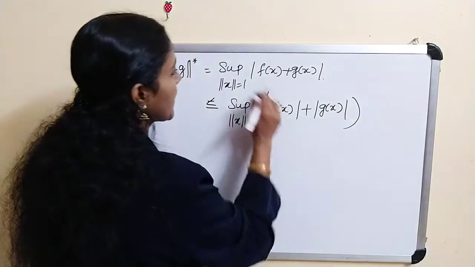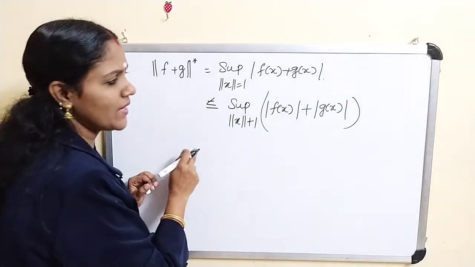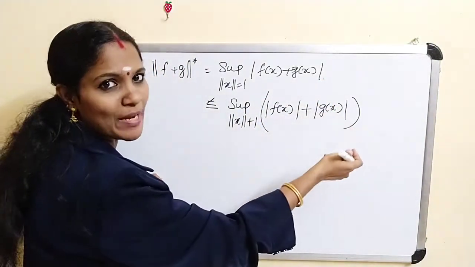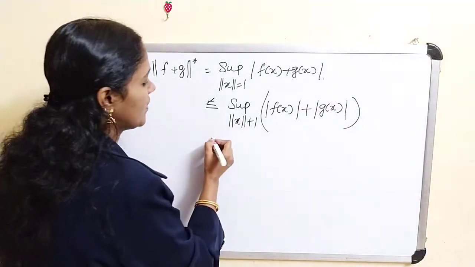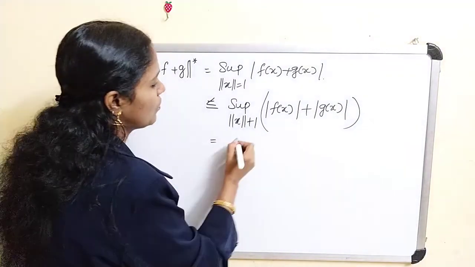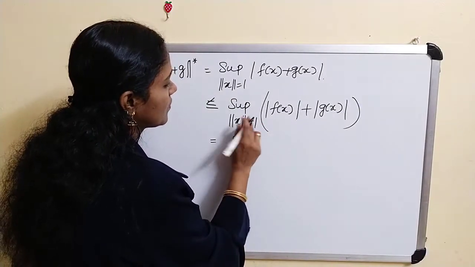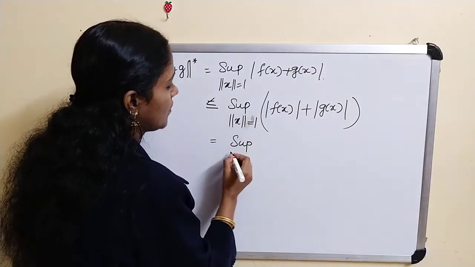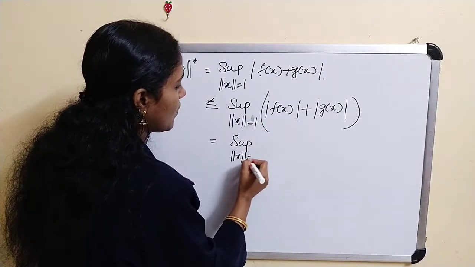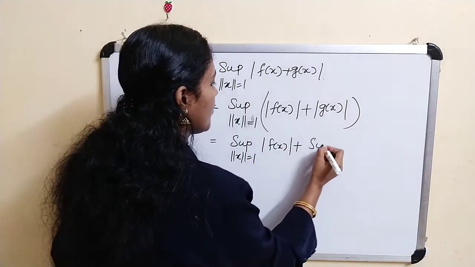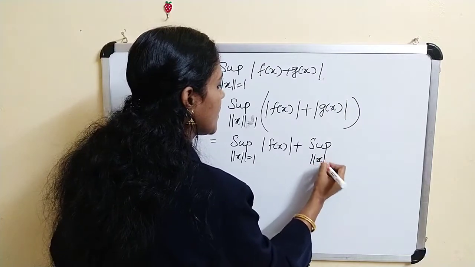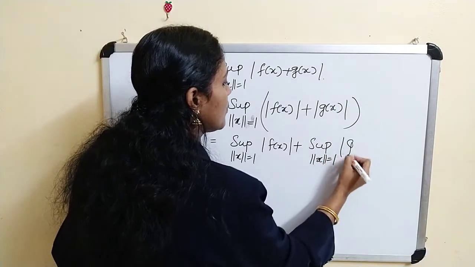Here we apply the triangle inequality. This is of the form supremum of a plus b, and this is less than or equal to the supremum of a plus the supremum of b. This is equal to the supremum over norm of x equal to 1 of modulus of f of x plus the supremum over norm of x equal to 1 of modulus of g of x.